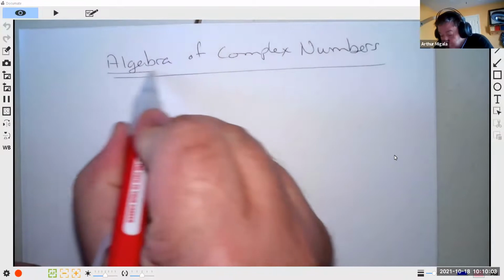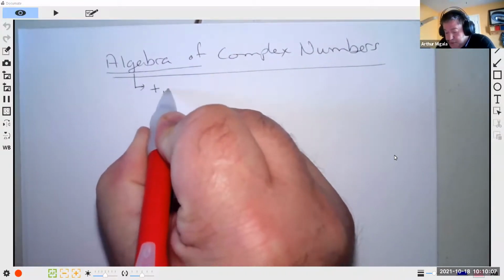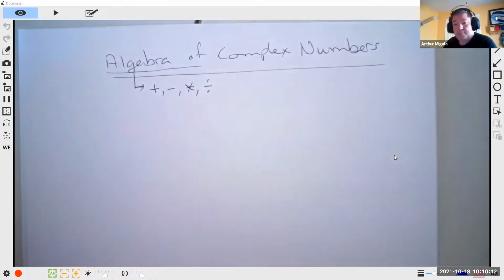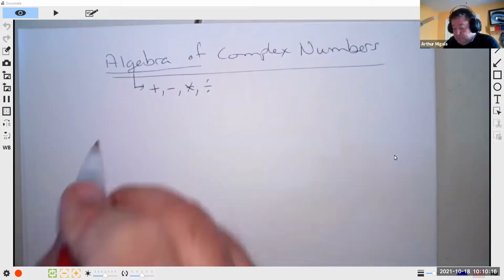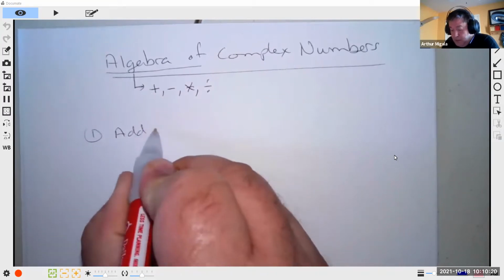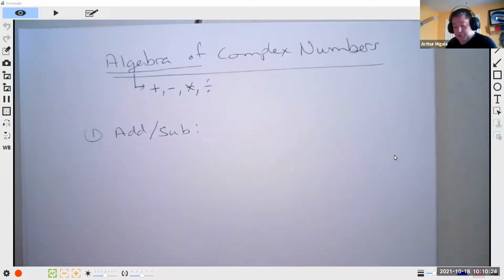Whenever we say algebra of, all that means is addition, subtraction, multiplication, and division. So let's look at the addition and subtraction of complex numbers.